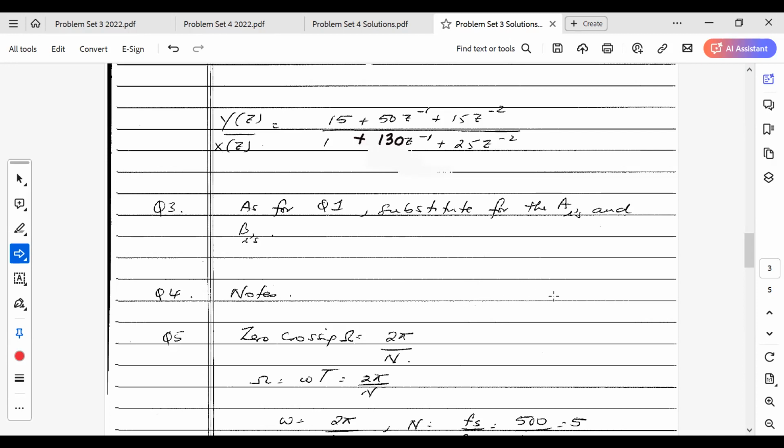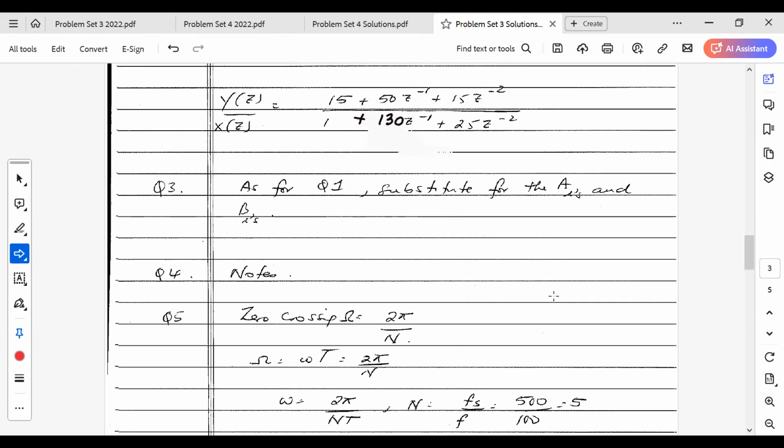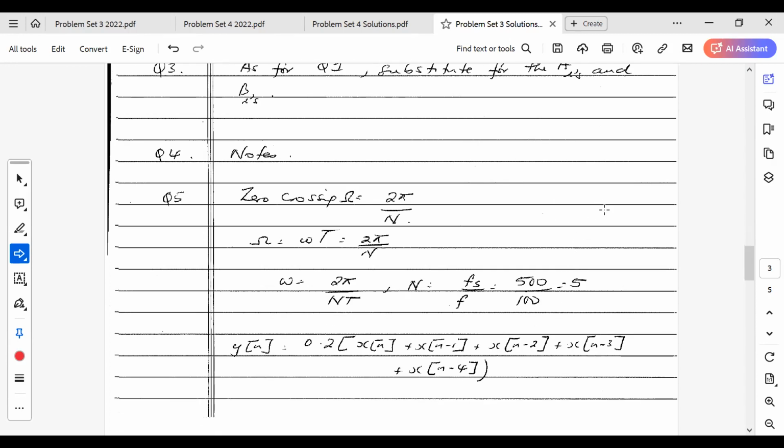All right. Question 5, an n-term moving average filter. So the number of terms in a moving average filter is fs over n. So you need the sampling frequency and you need your particular desired frequency for this thing to work.